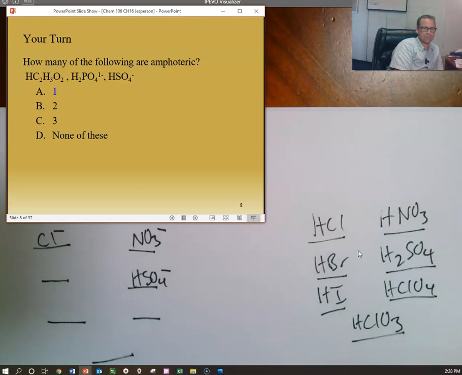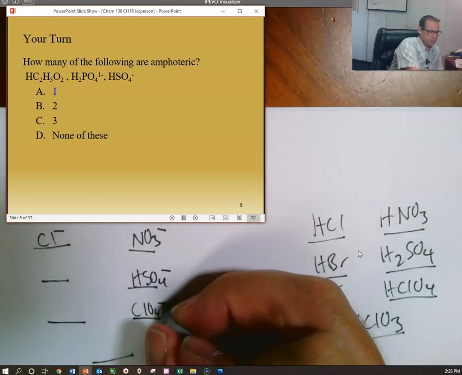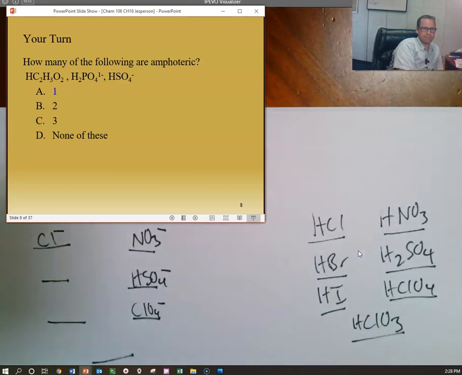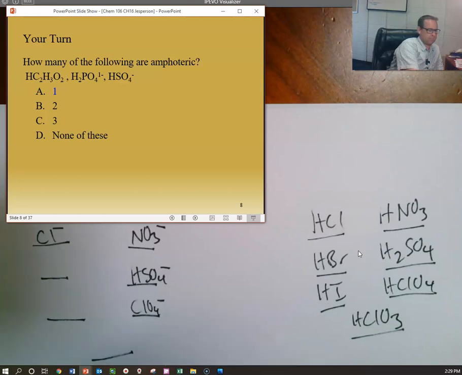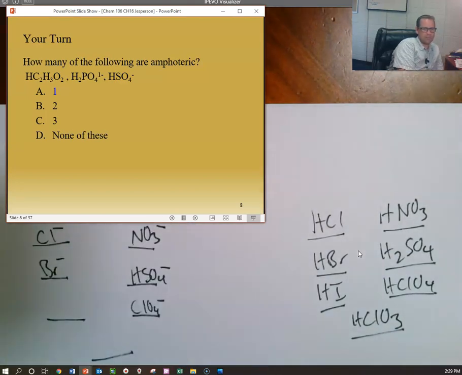So HClO4 would just be ClO4 minus. Good. And then HBr would be just bromine minus, the bromide ion. Good. What acid is HI?